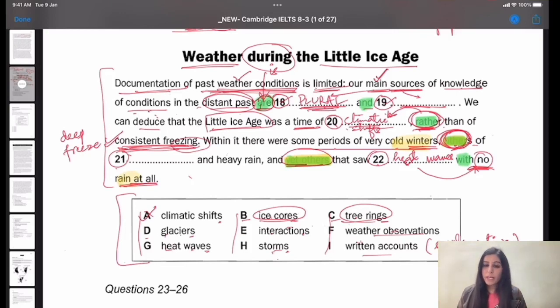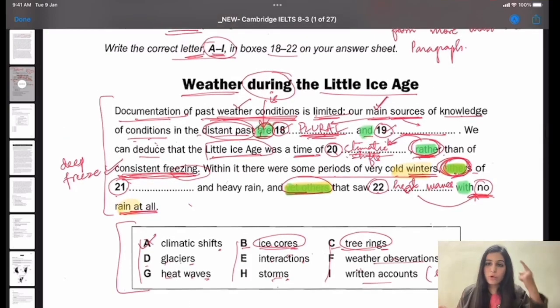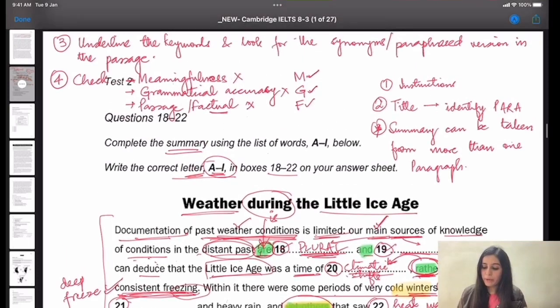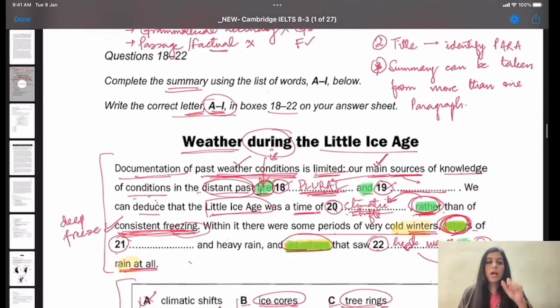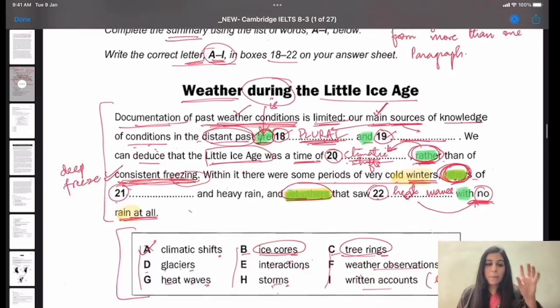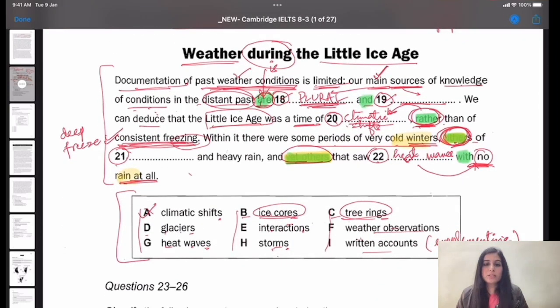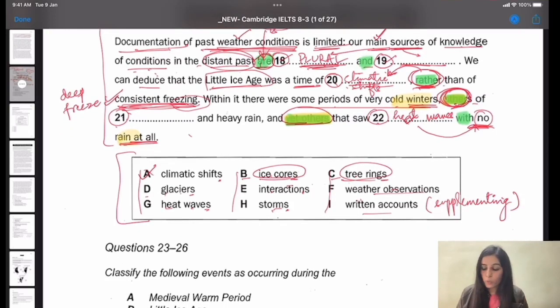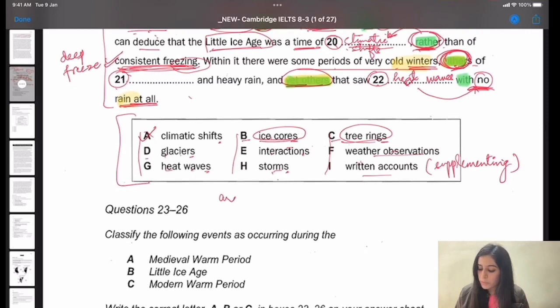So what I'm trying to tell you is that keeping the grammar element in mind will help you in identifying the answer in a better manner, or at least coming up with shortlisted answers after eliminating the extra ones. So I'll just repeat whatever I've told you. A blank preceded by are is obviously plural. If it's preceded by is, it's going to be singular, and so on and so forth, right?